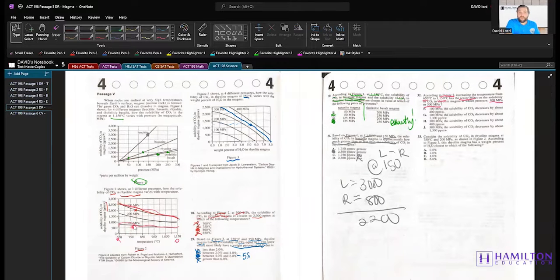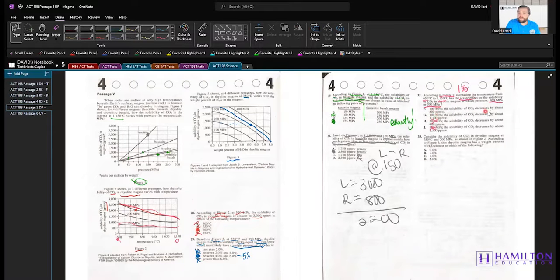So looking at the 100 MPa, the slope of it is not as steep, so the rate of change of it is not as much. So as we increase the temperature, the 100 MPa did not change as much as the 300. So I'm looking for the 100 because the slope is less. All right, so we don't want 300, but 100.